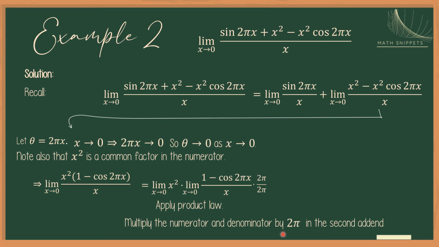Okay? Then we'll have the limit of x squared times the limit times 2 pi. The numerator here, we don't need, so we factor it out of the limit. That's why we have 2 pi here. Then times the limit of 1 minus cos of 2 pi x over 2 pi x. So this one is multiplied here.